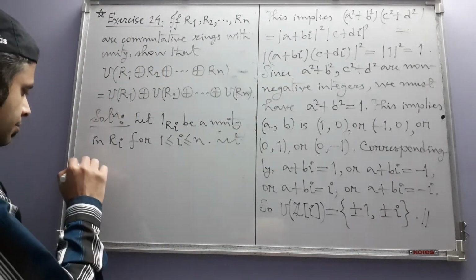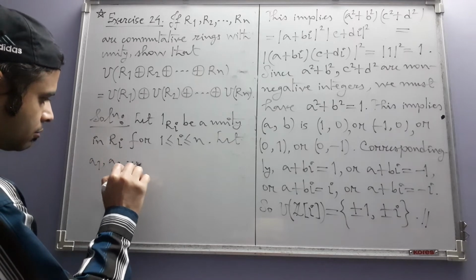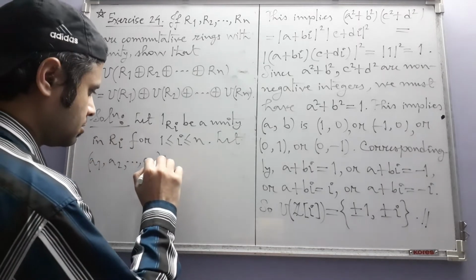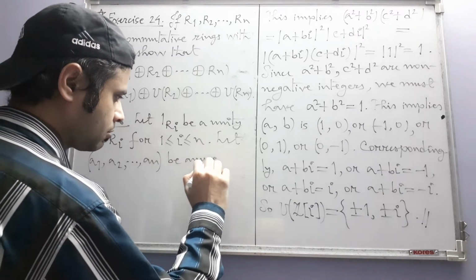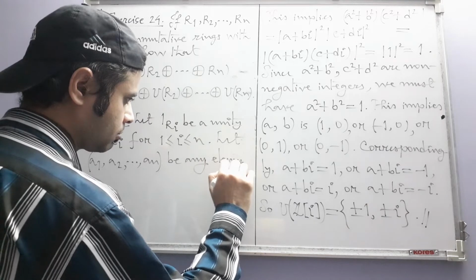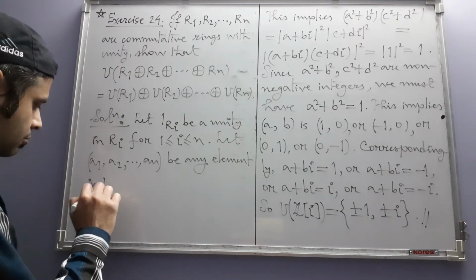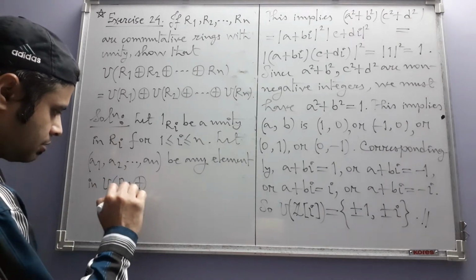Now let this be any element in the group of units of the direct sum.